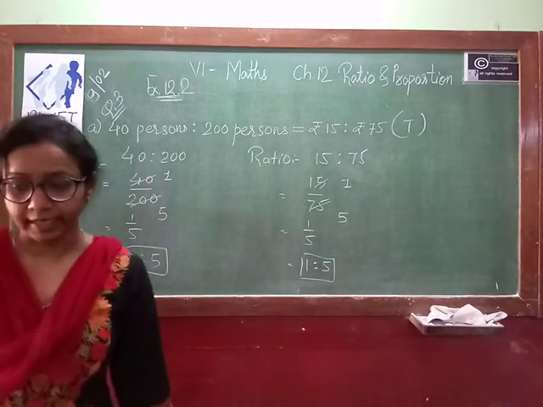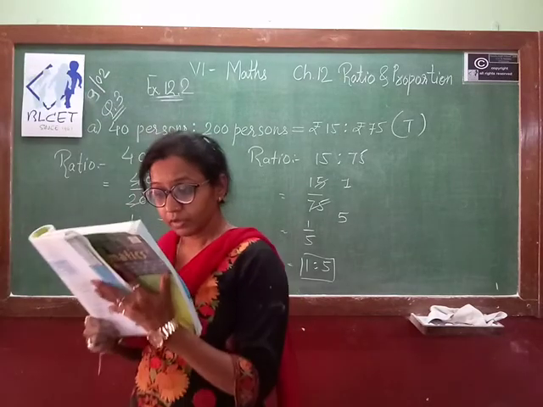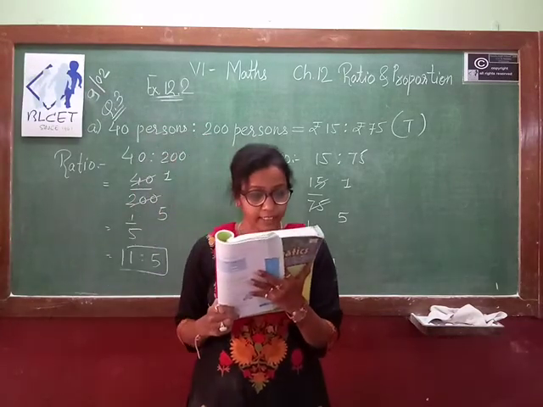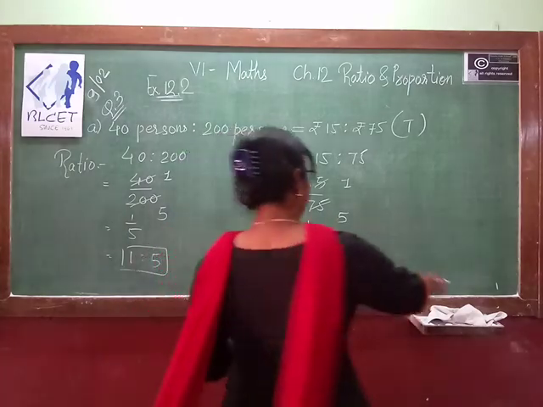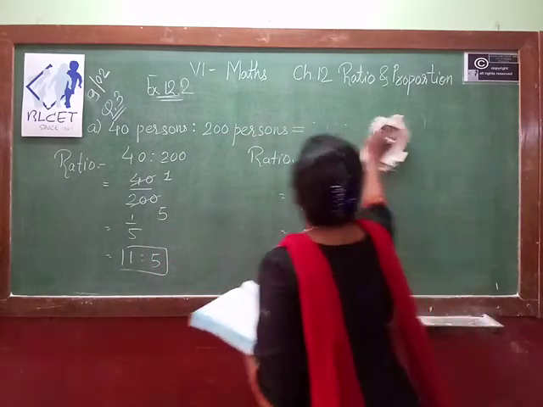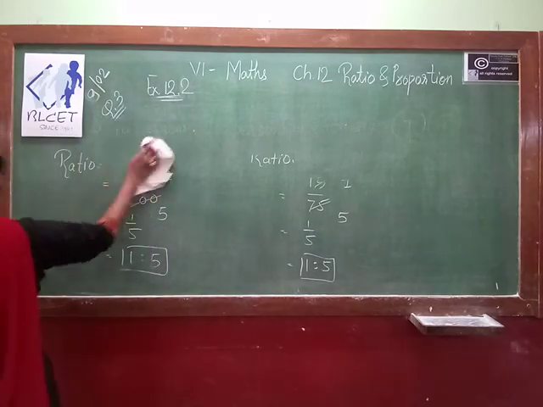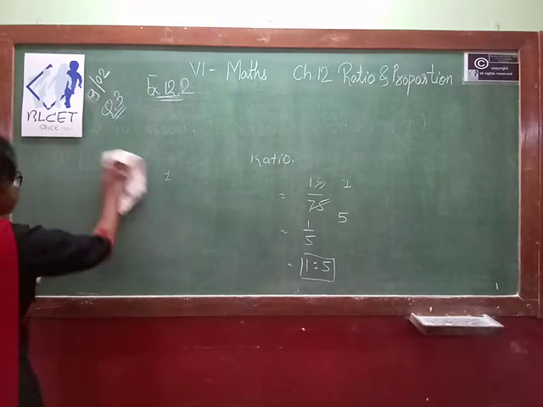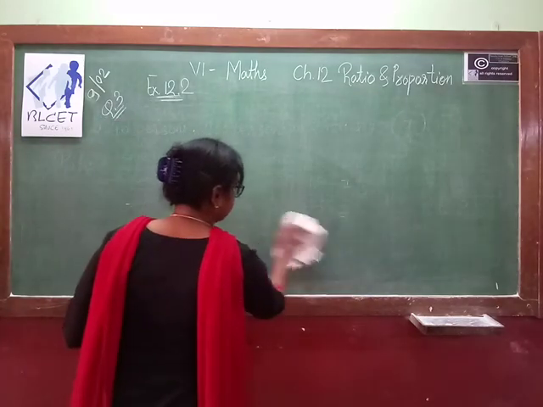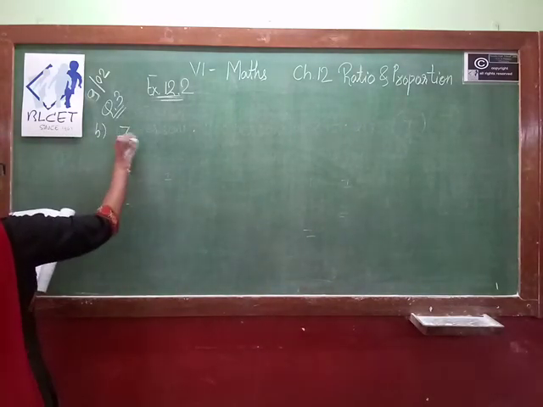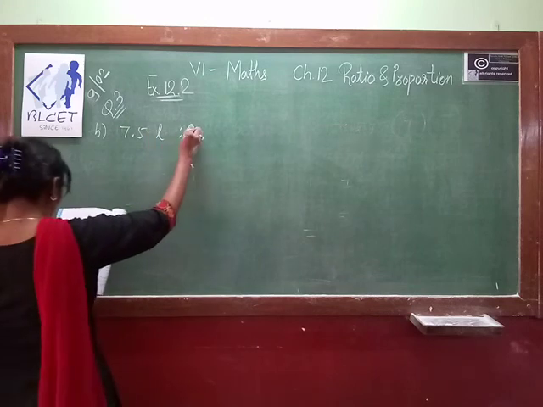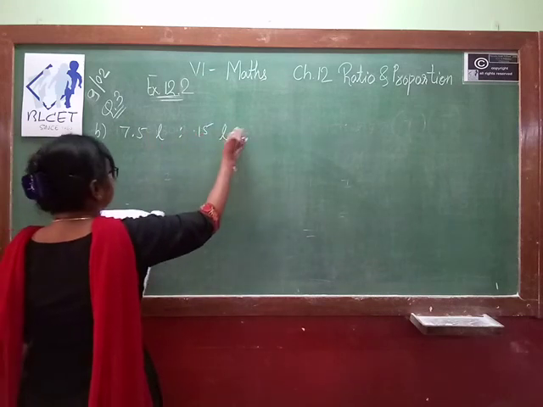This way we can find the second question. 7.5 liters is to 15 liters, which is equal to 5 kg is to 10 kg. Let's see how to solve this question. The same method we have to apply. So we have 7.5 liters is to 15 liters.